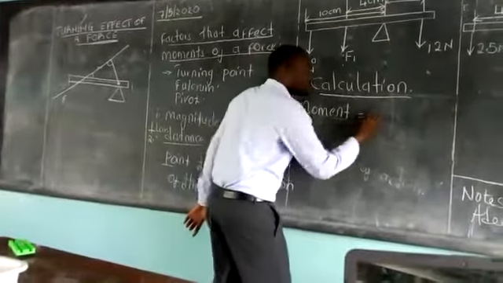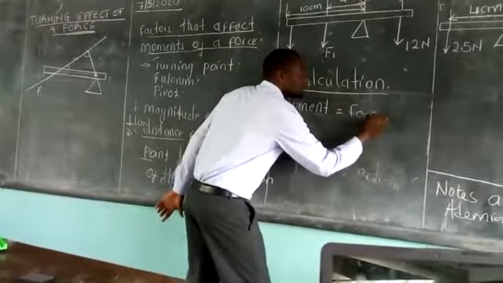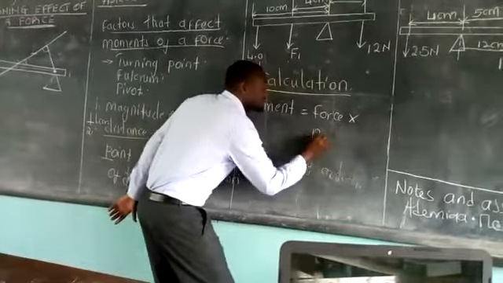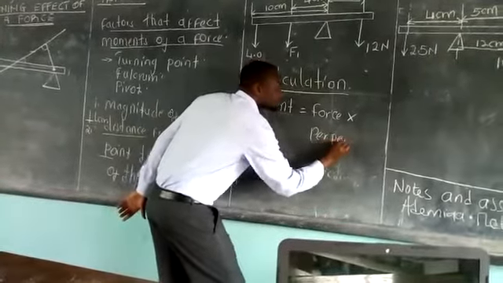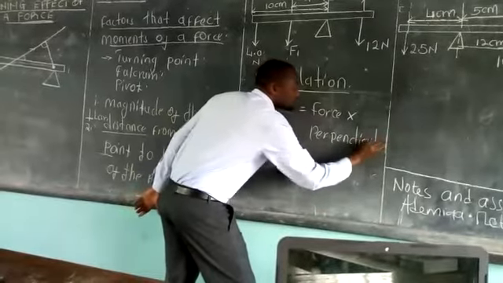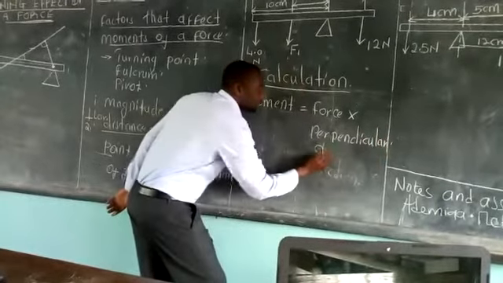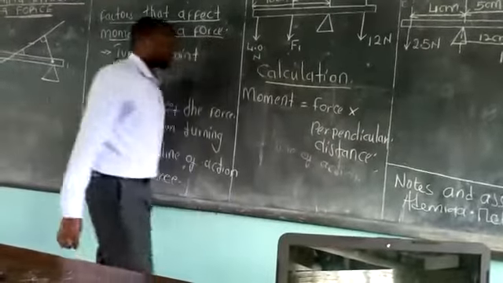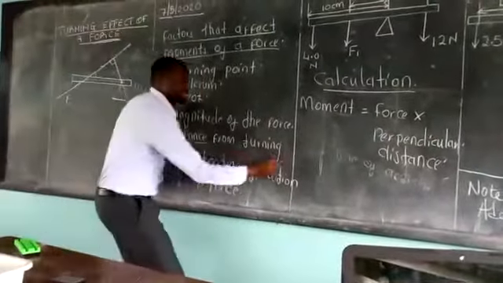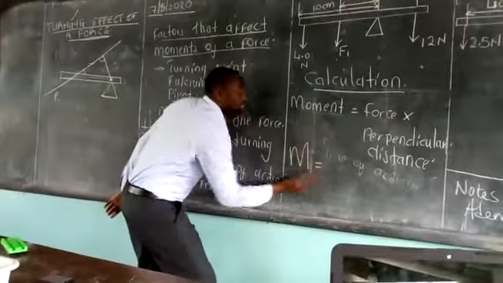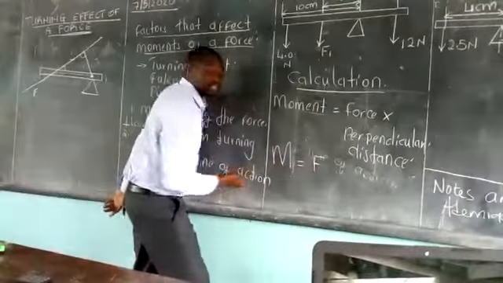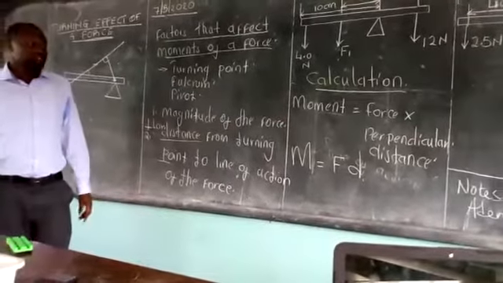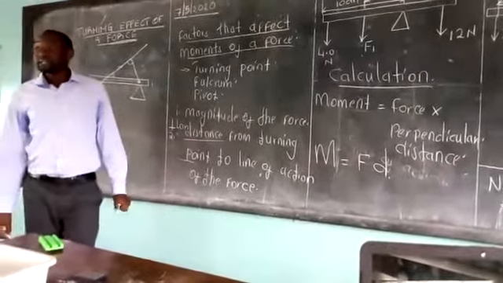as force times the perpendicular distance. That is, our moment will be the force F, and let's denote our distance with the letter D, force times the perpendicular distance.